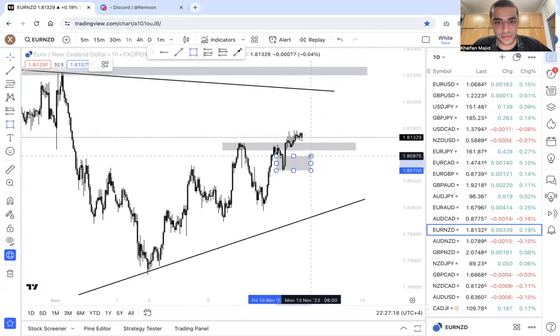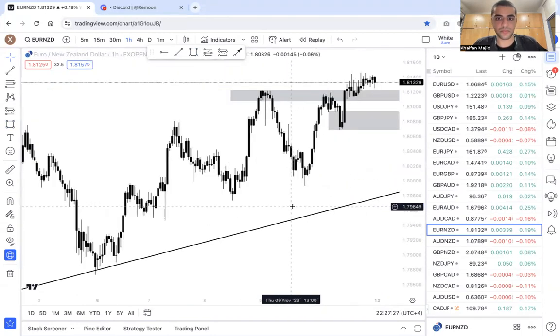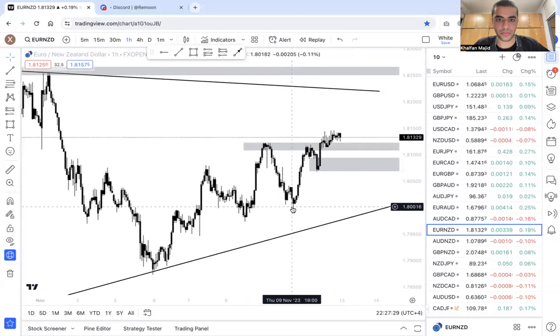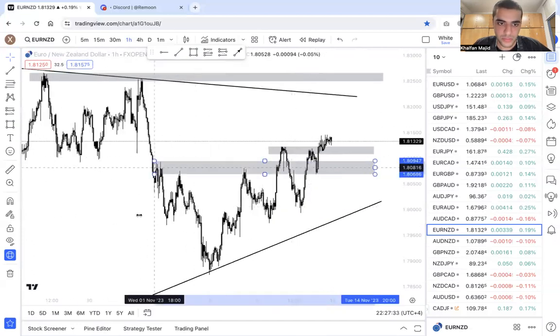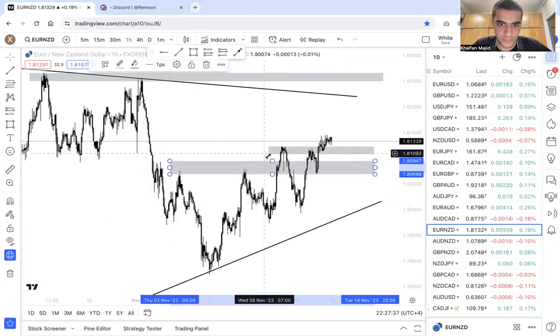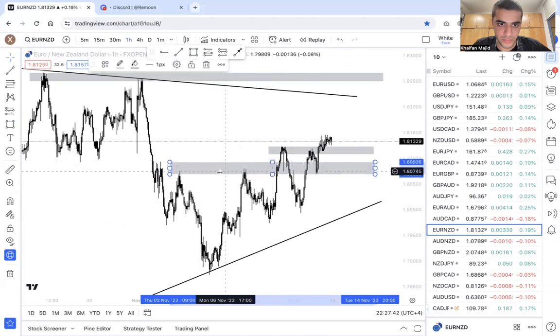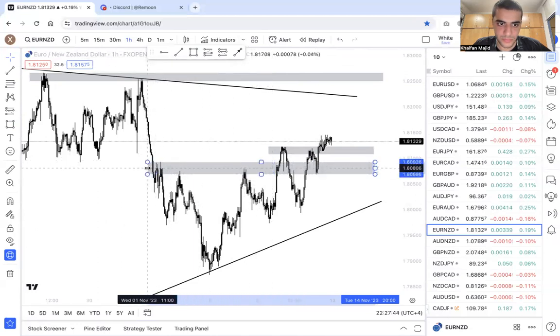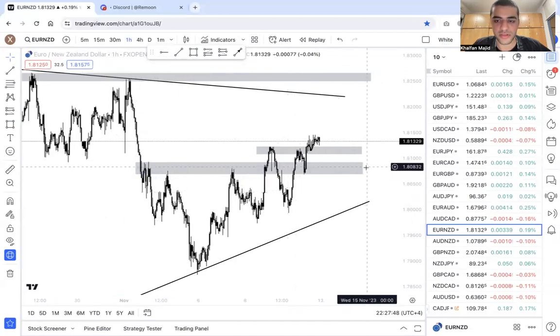Well, that's the next zone. In the middle of the zone, and yeah.